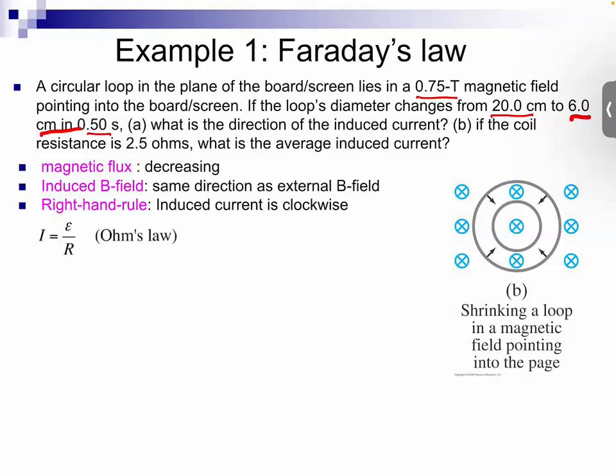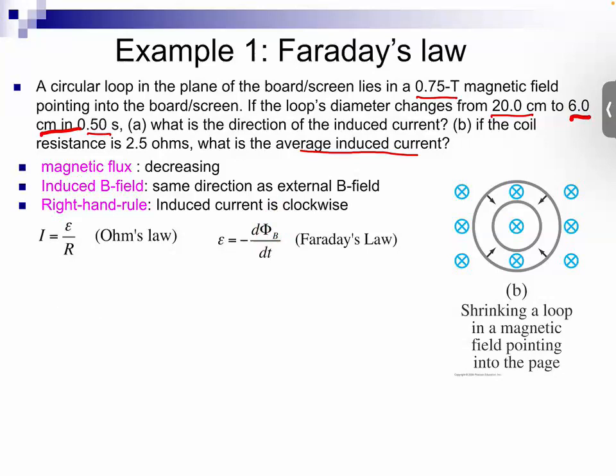Now for the voltage, well, we want the induced current. The induced current comes from Ohm's law, V is equal to IR, or I is equal to V over R. So that means we need to find the voltage V. We know from Faraday's law that the voltage is created by the change in the magnetic flux through the loop.